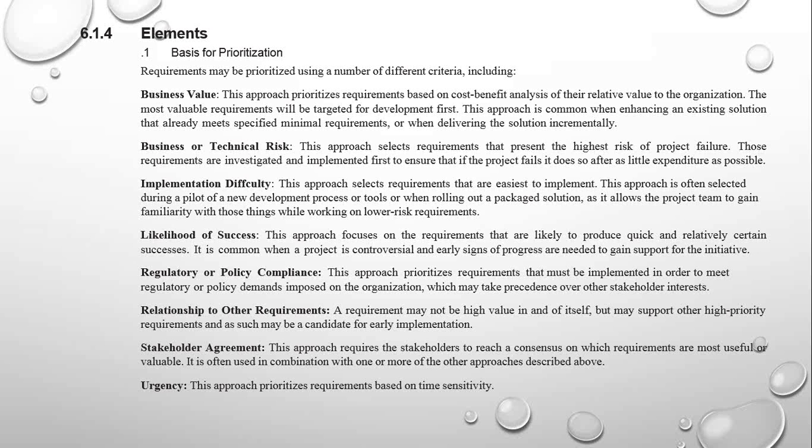Now we are talking about business or technical risk. This approach selects the requirements that present the highest risk of project failure. Those requirements are investigated and implemented first to ensure that if the project fails, it does so after as little expenditure as possible.